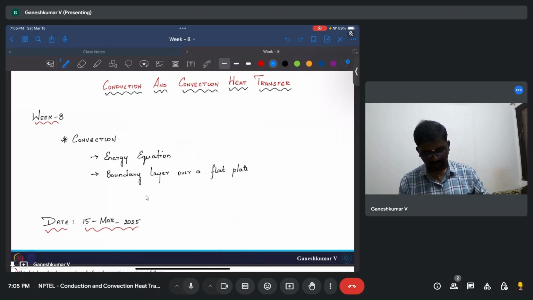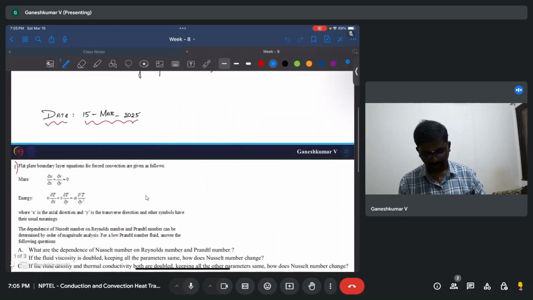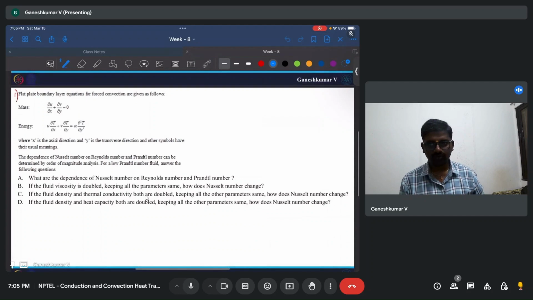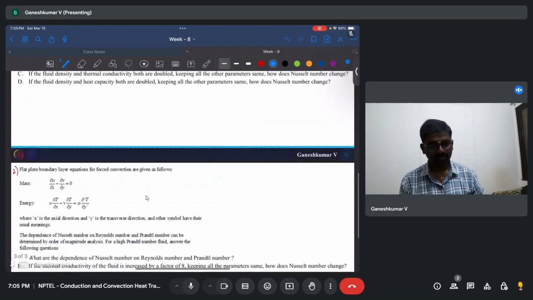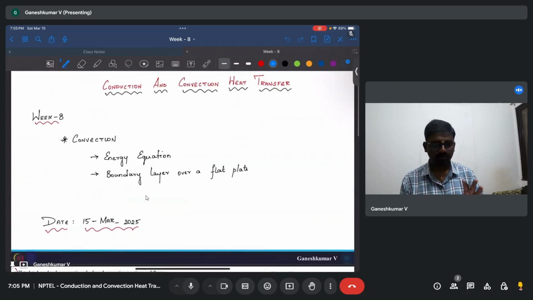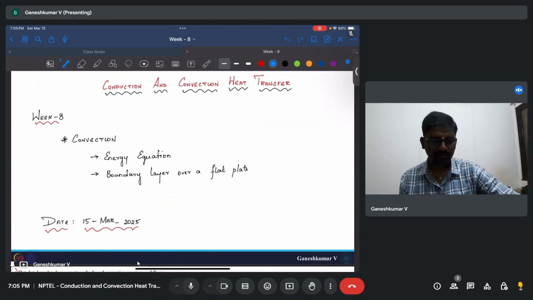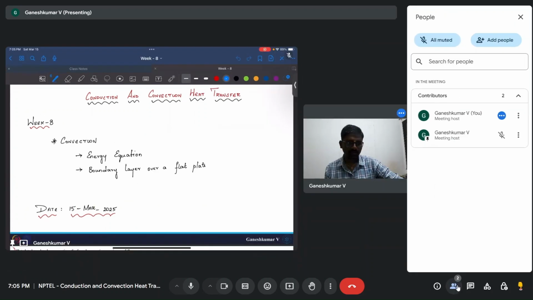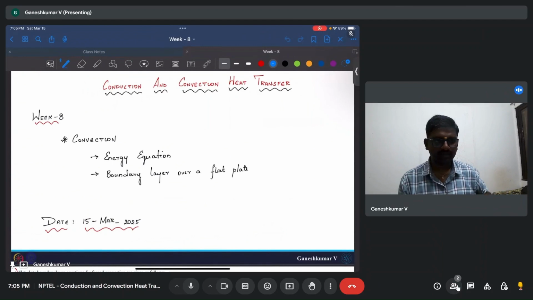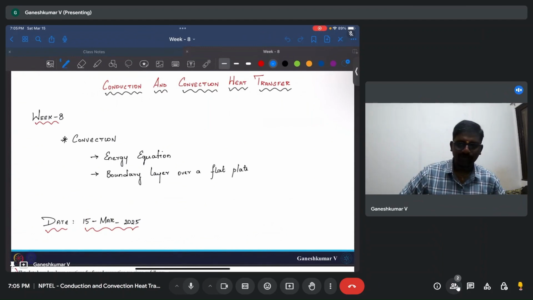And after we finish that part, I will solve two questions. Okay. It's also a simple question, similar to what you see in your assignments. We will solve these two questions, and if you have any doubts, maybe I can take them at the end of this session. So probably we don't have any audience today, and I think everyone is going to watch my YouTube video.